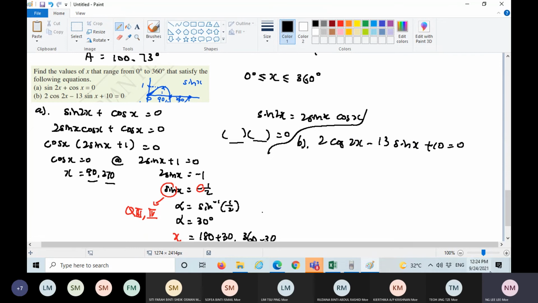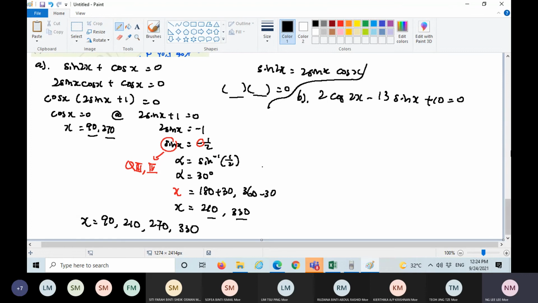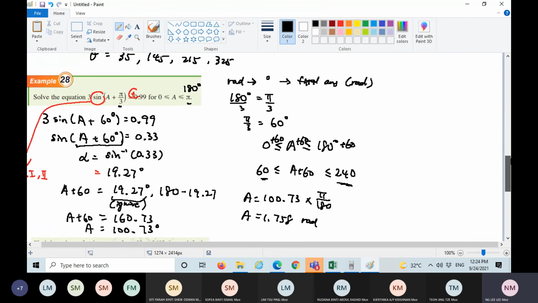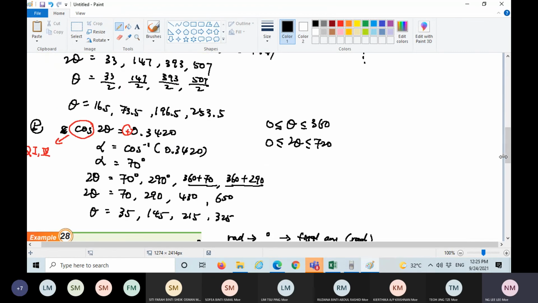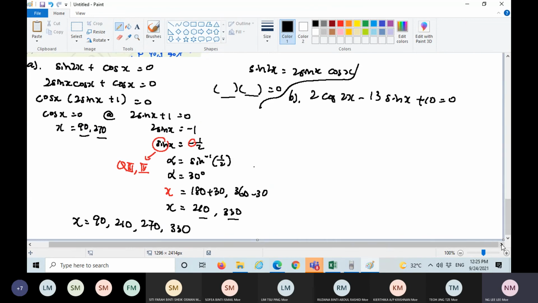My goodness, it looks so complicated. Same thing: I have an x here, but I have a 2x here, so I cannot solve it yet. Now I have to change the cos 2x in terms of x.